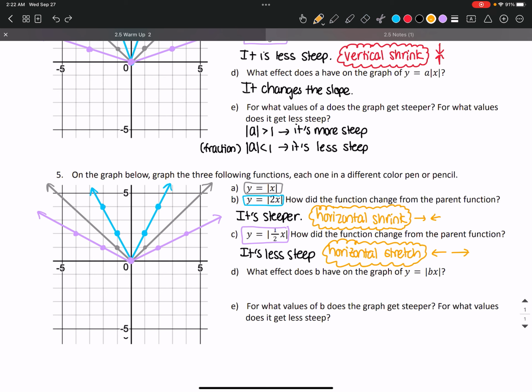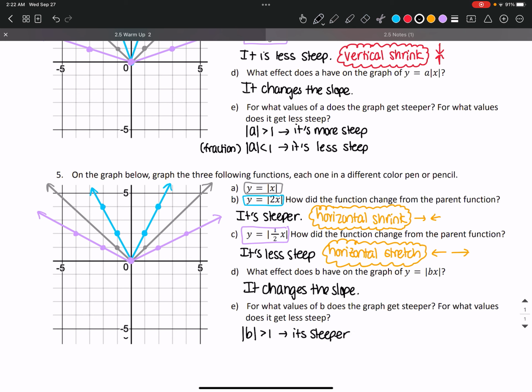What effect does b have on the graph if I have b as the coefficient of x inside of the function? Well, again, it changes the slope, just like it did if there was a coefficient on the outside, it changed the slope. And then it asks for what values of b does the graph get steeper? Well, for b values that are greater than 1, it gets steeper.